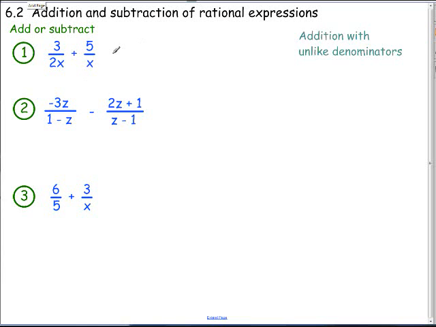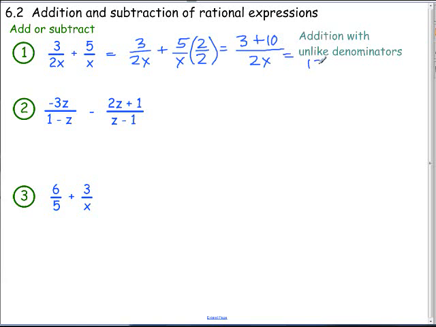Okay, adding these two. Well, it's a problem right off. 3 over 2x cannot be combined with something which is over x, but we can find a common denominator by multiplying this second term by a fancy 1, giving us 2x as a common denominator, and it's 3 plus 10 or 13 over 2x.